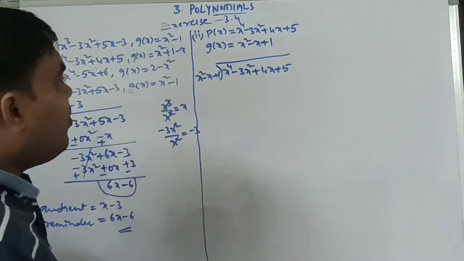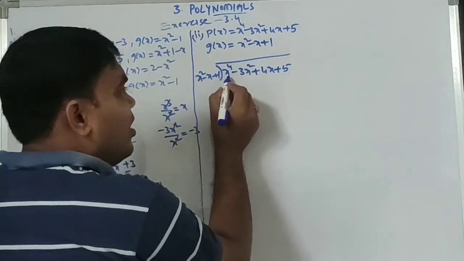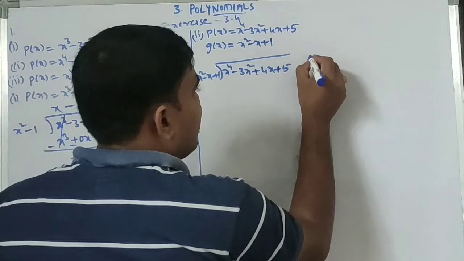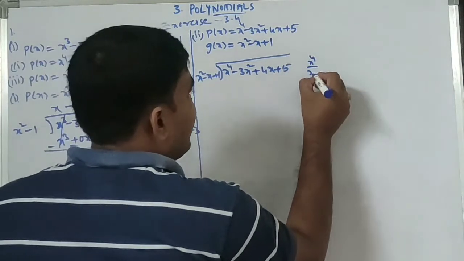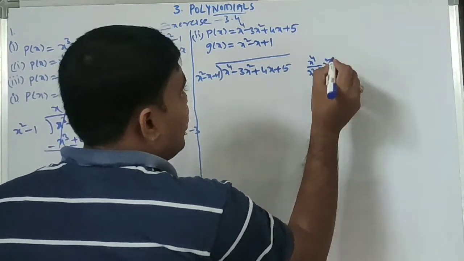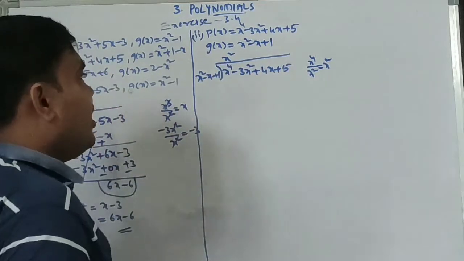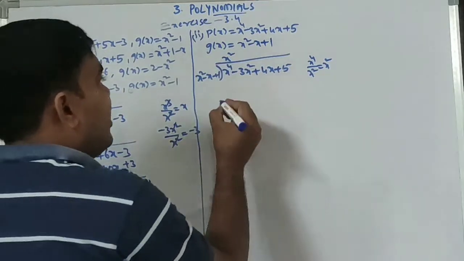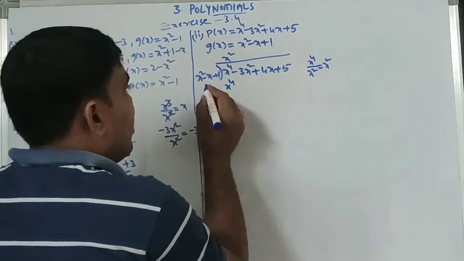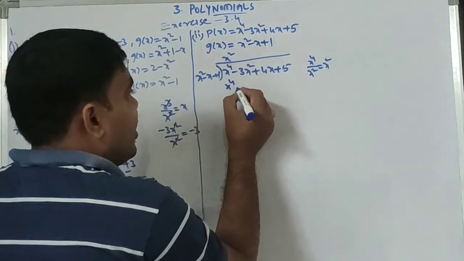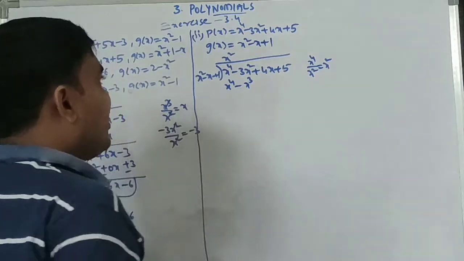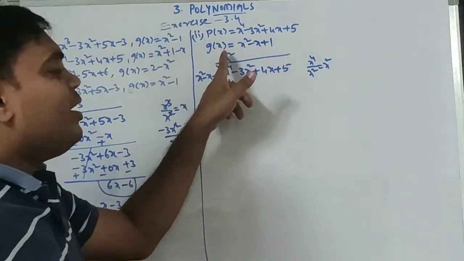So now, to write the first term, this first term x power 4 by this first term x square, x power 4 by x square equal to x square. So write x square. This x square into x square, x power 4; minus x into x square, minus x cube; 1 into x square.